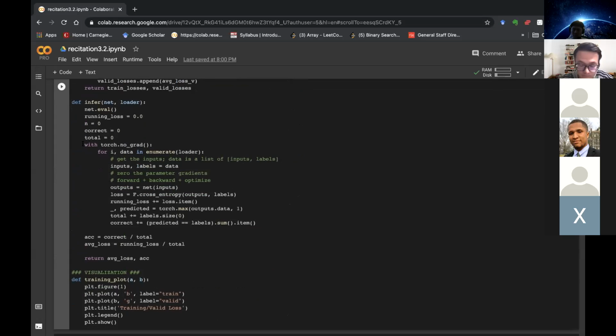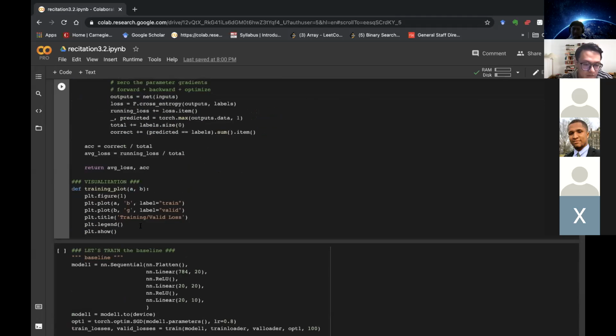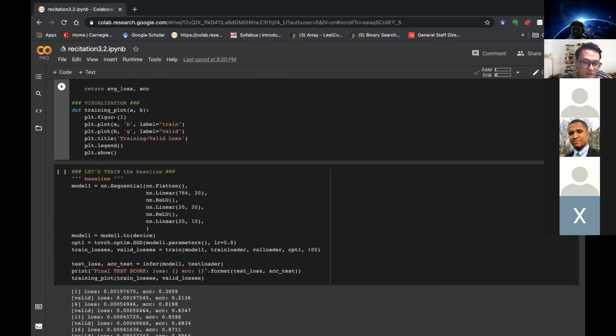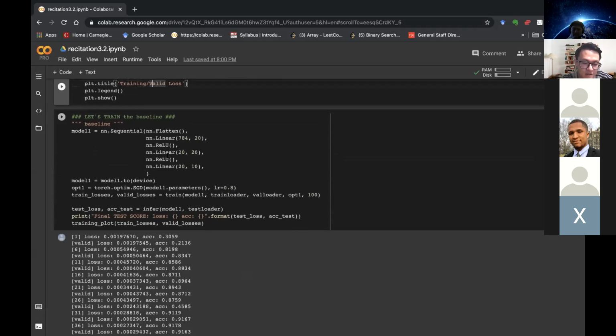The most important part is you need to use with torch.no_grad for your evaluation code, because if you don't have this, you will calculate the gradient of the parameters in your model during the forward and backward in the evaluation stage, but you can't do that. Yeah, so this is a visualization for the loss. It just plots the training loss and the validation loss.